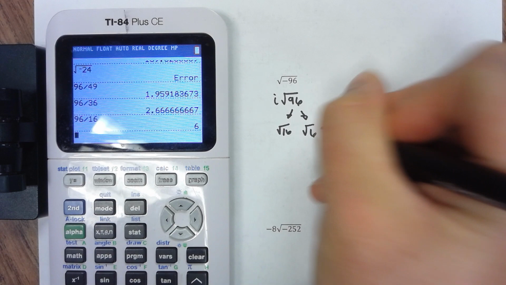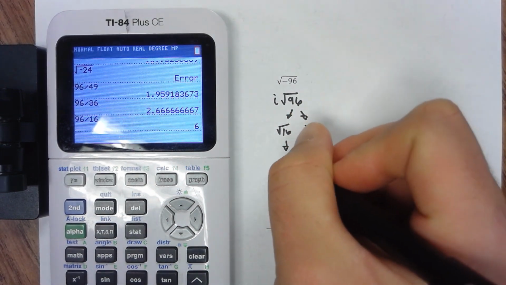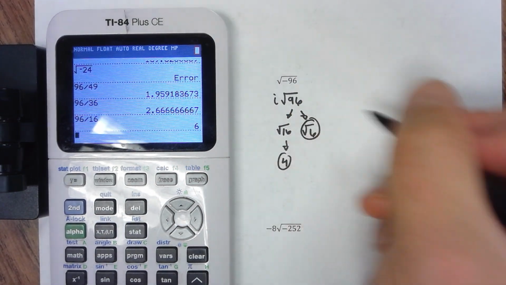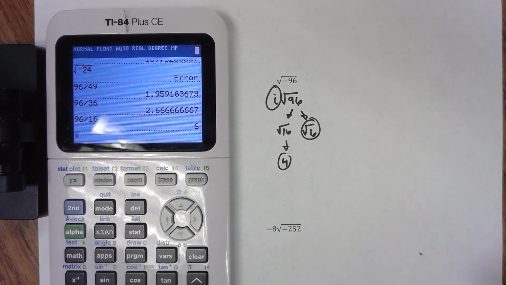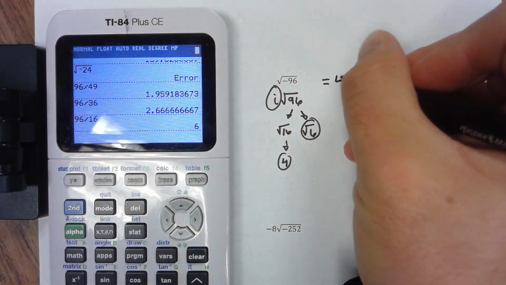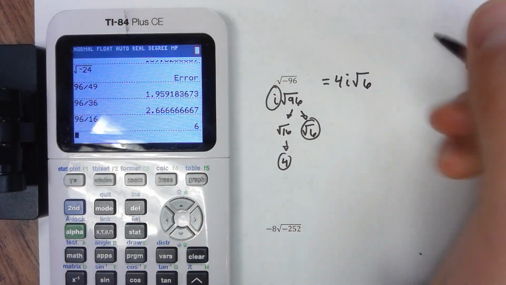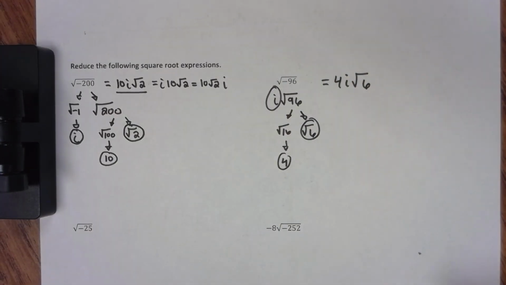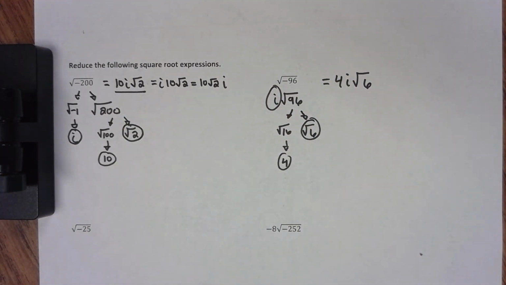So root 16, root 6. Root 16 is 4. Root 6, there aren't any other perfect squares. So this simplifies to be 4i root 6. And again, the order in which you write those doesn't matter. If you say i 4 root 6, exact same thing. Root 6 4i, exact same thing.